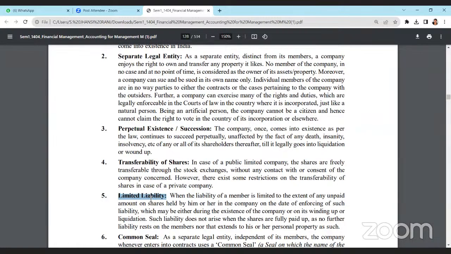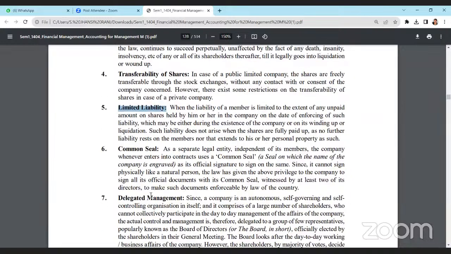Similarly, they receive profit as per the number of shares purchased, and they bear loss as per the number of shares purchased. The loss will not extend to selling their personal property, whereas in a partnership concern, the partners have to go beyond the business property and even sell their private property to bear the losses.